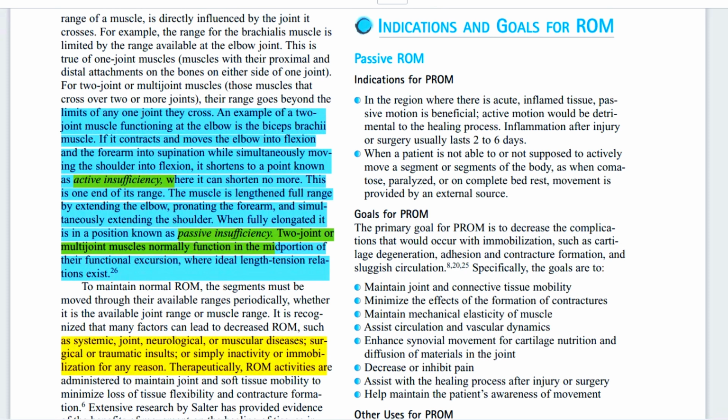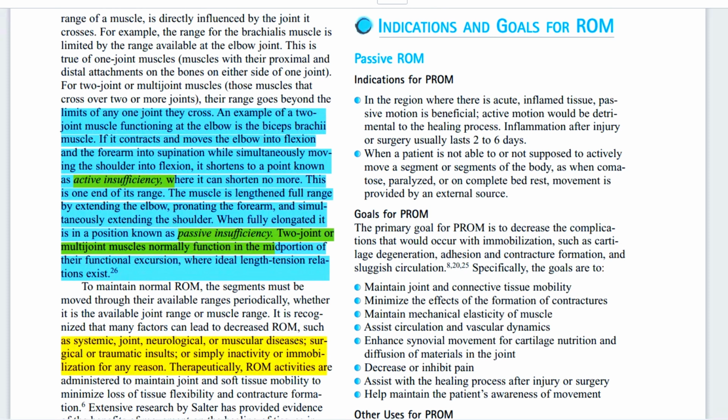Because you are moving the joint, the synovial fluid and synovial membranes move, and the joint cavity is completely in a mobile position. So cartilage nutrition is enhanced, and you can remove the waste products.